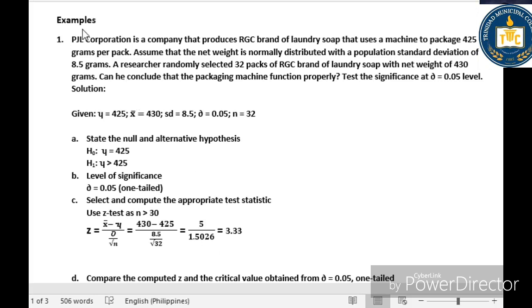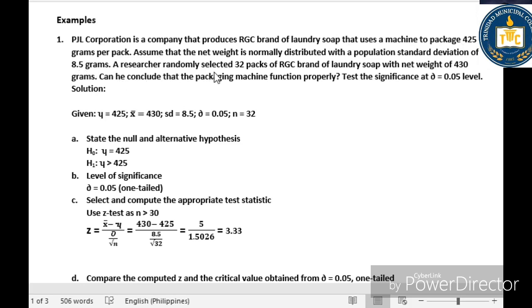Okay, so example number 1. PGL Corporation is a company that produces RGC brand of laundry soap that uses a machine to package 425 grams per pack. Assume that the net weight is normally distributed with a population standard deviation of 8.5 grams.